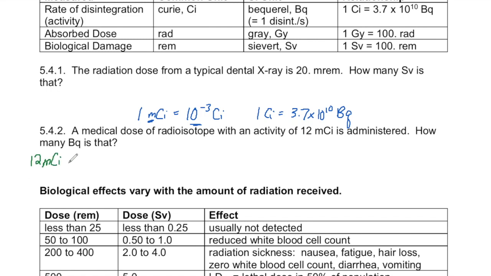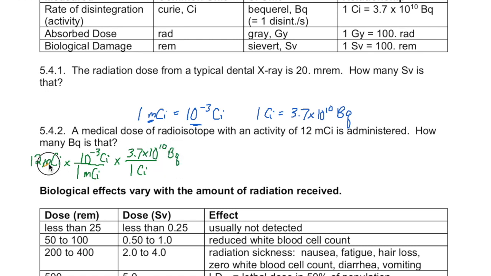So we have 12 millicuries. I'm going to go ahead and use this first relationship that 1 millicurie is 10 to the negative 3 curies. That will convert to curies. And then 1 curie is 3.7 times 10 to the 10 becquerel.